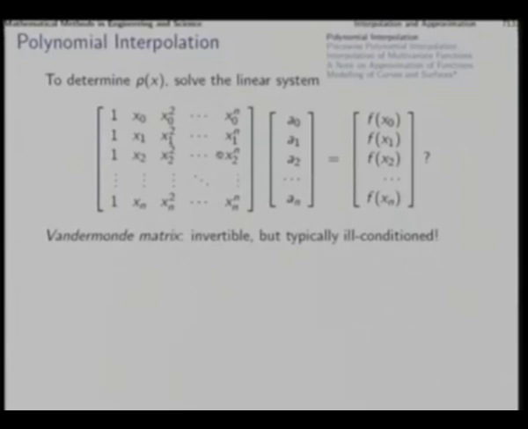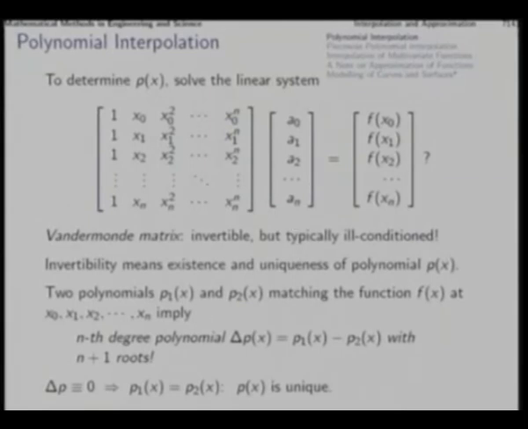Now, we try to see the uniqueness of this polynomial coefficient set. Suppose there are two polynomials, that means two sets of values for these coefficients, which match the function values at the given data points, and those two polynomials are p1 and p2. Now, what can we say about p1 minus p2, that difference polynomial? p1 is an nth degree polynomial, p2 is also an nth degree polynomial.